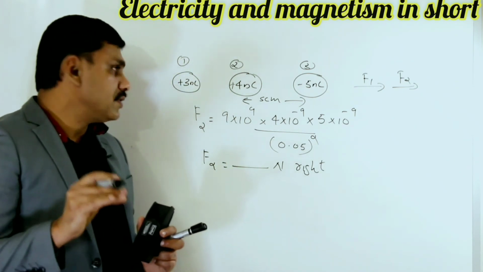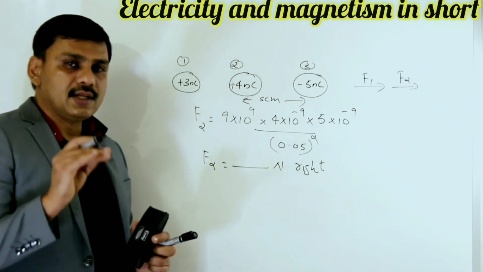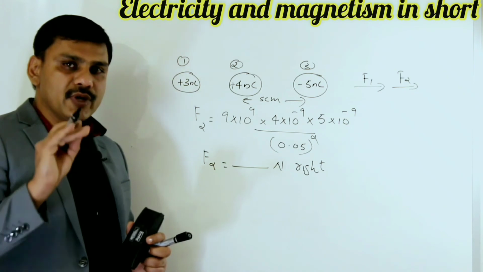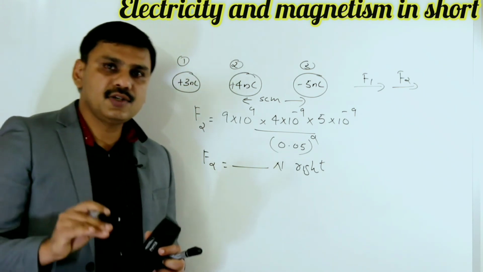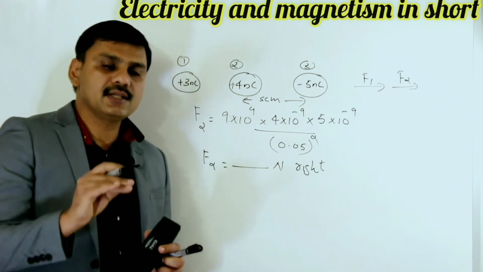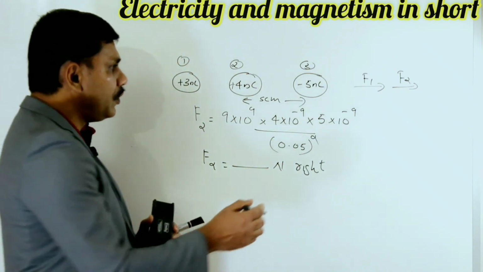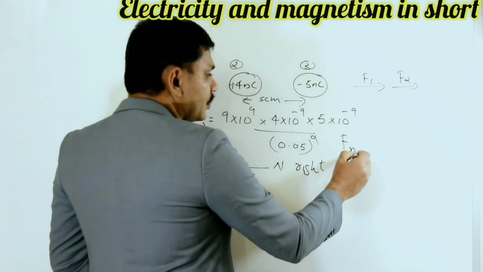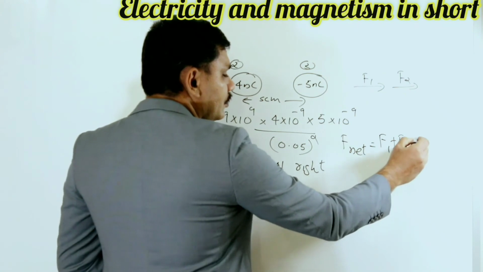The first force is given by F1 or the first charge, and that force is a repulsive force towards right. And the third charge is giving an attractive force on the second charge, and that is also towards right. So if you want to calculate net force, F net equal to F1 plus F2.